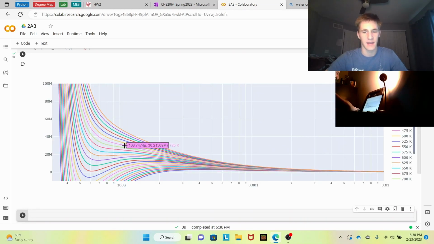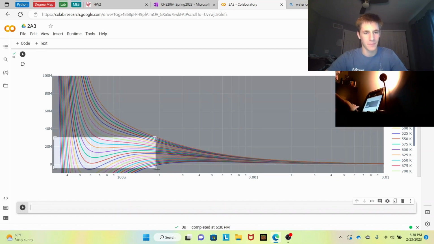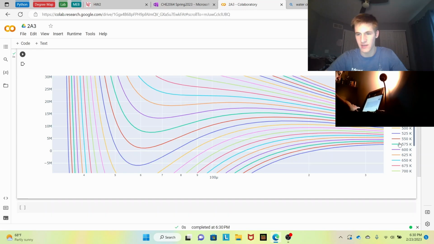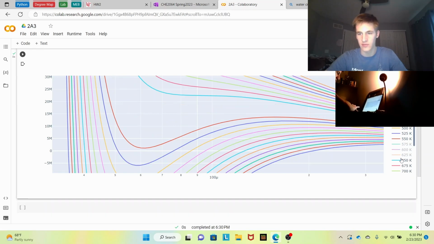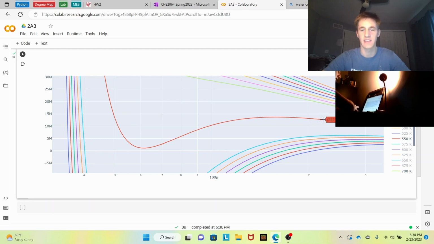All right, and now if we zoom in here, and I'm going to eliminate a bunch of these. We'll single out 550. How about that? All right, so looking at 550 Kelvin, at a given pressure, there are 3 volumes.